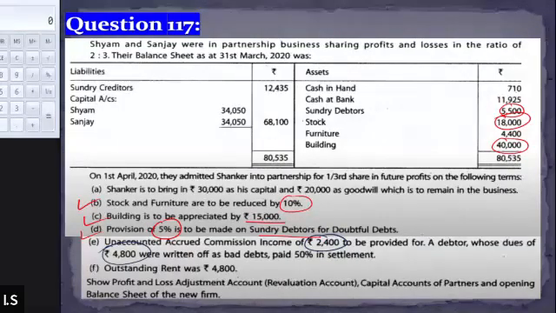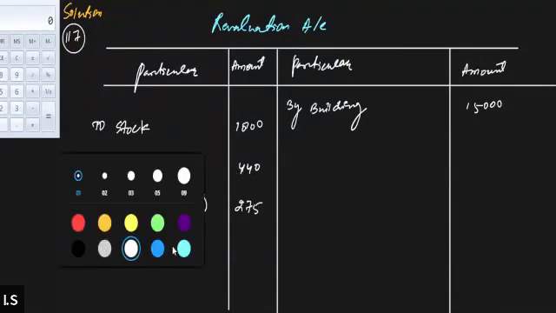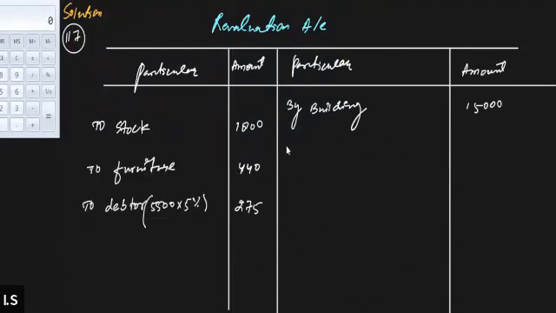We'll go to the revaluation account, and on the credit side, we'll first of all write down by accrued commission income. Unaccounted accrued commission income was how much? It was 2,400, already given in the question.